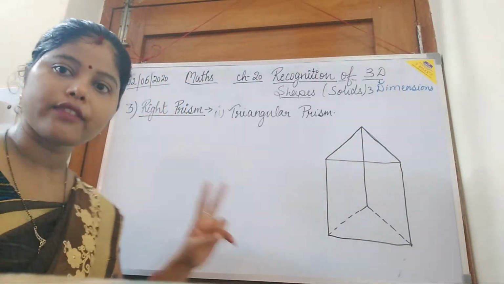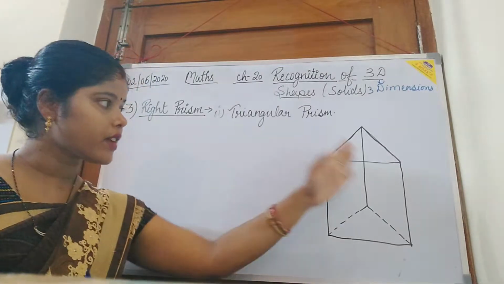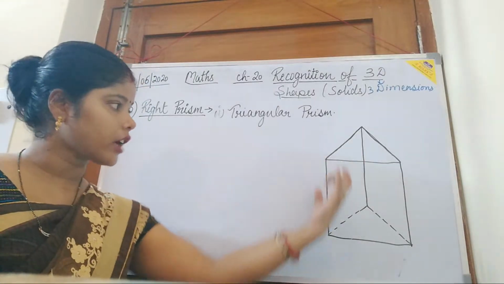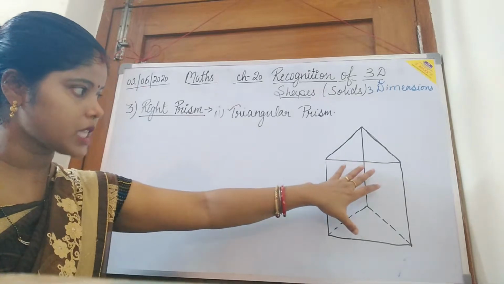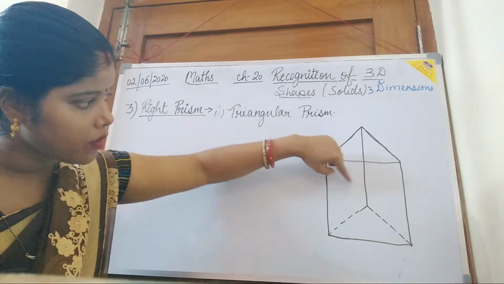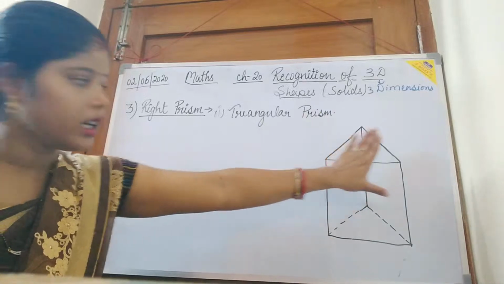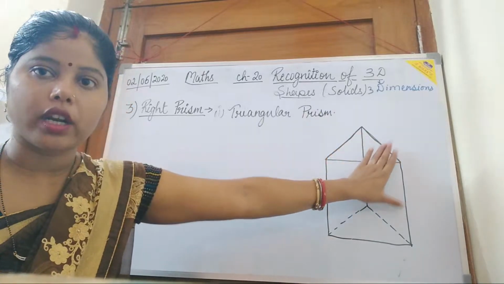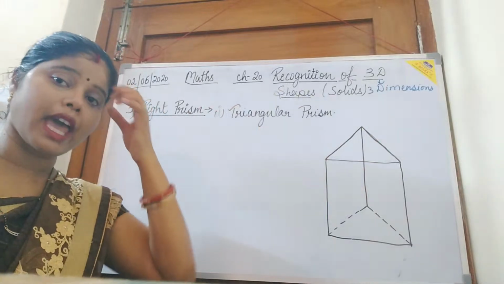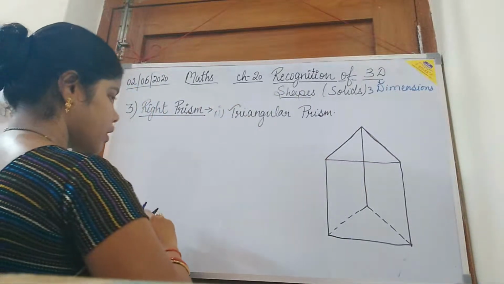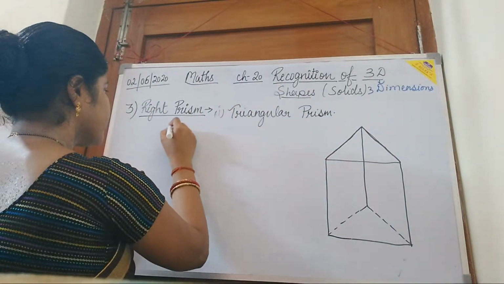It means it has two identical faces, and the other faces are rectangular. Here the base also is a triangle. So a triangular prism has two identical faces.